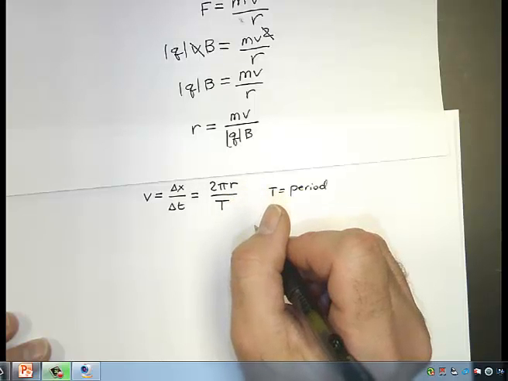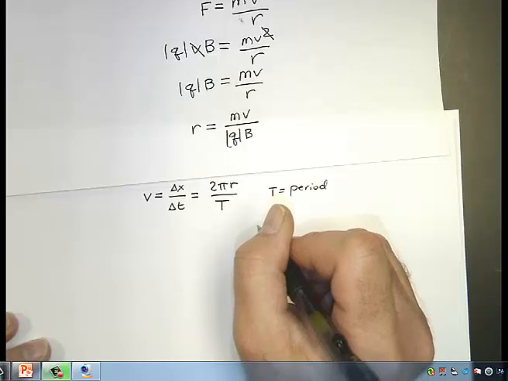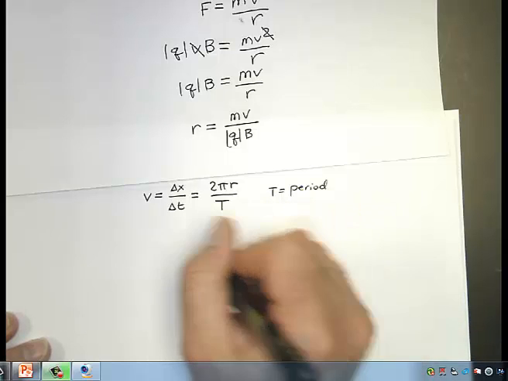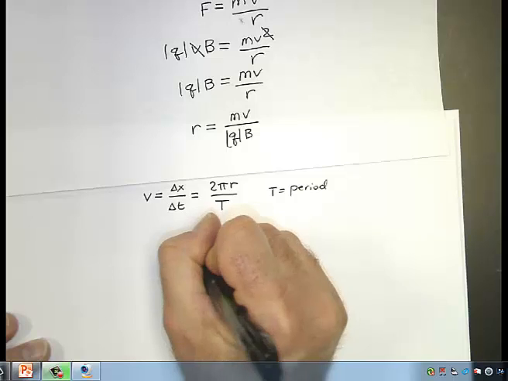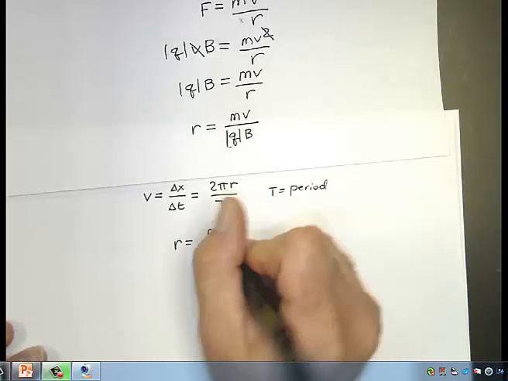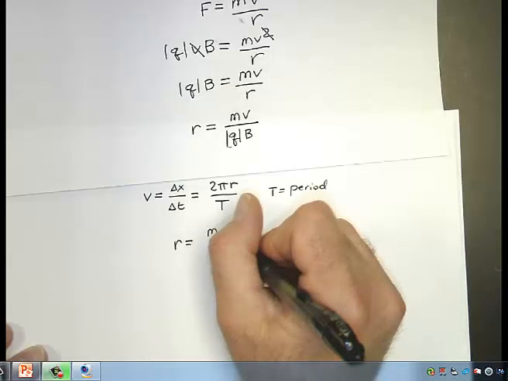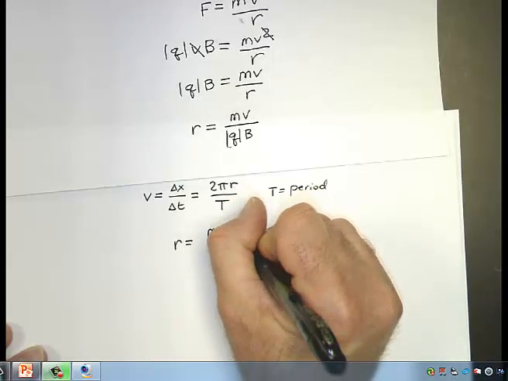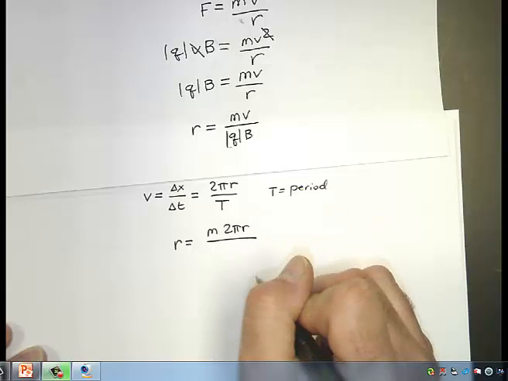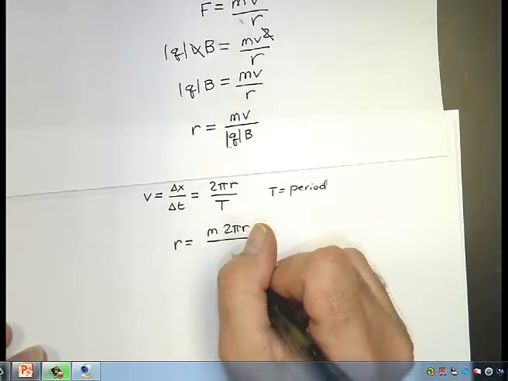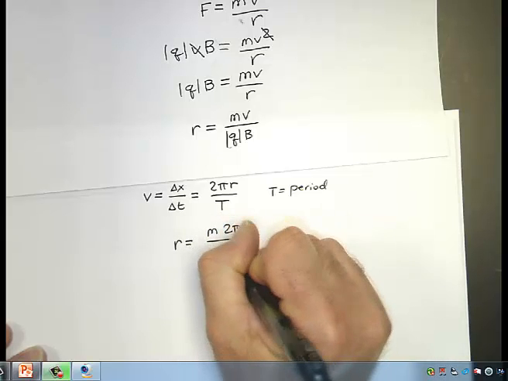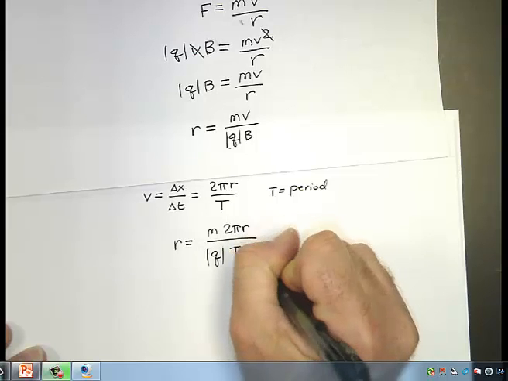Replacing the velocity with this value, we get r equals m times 2 pi r over qtb.